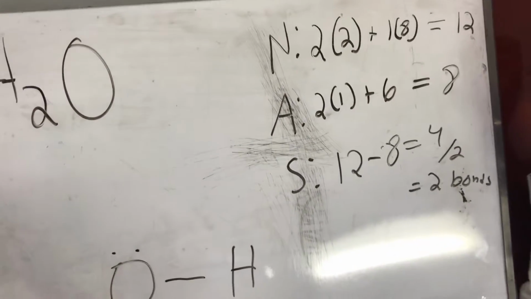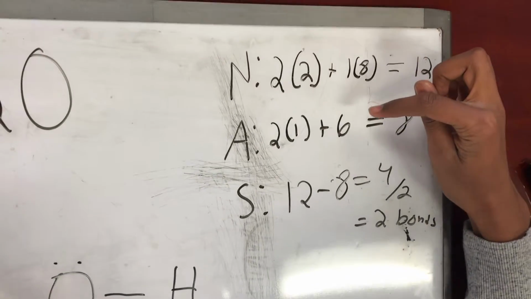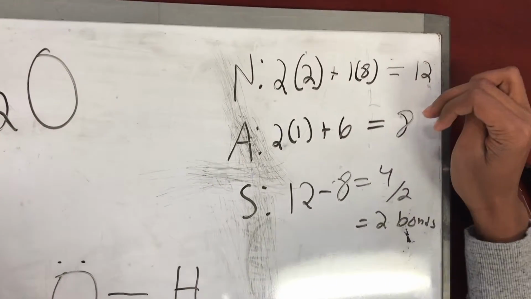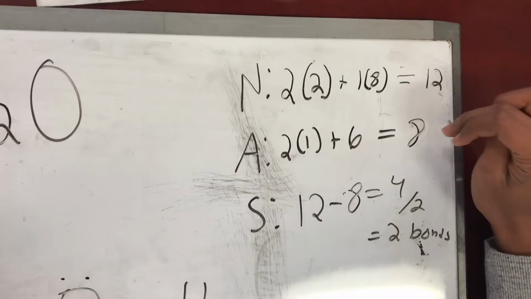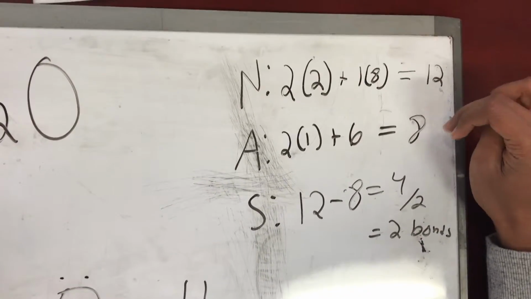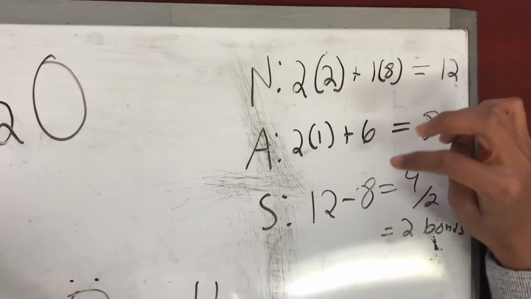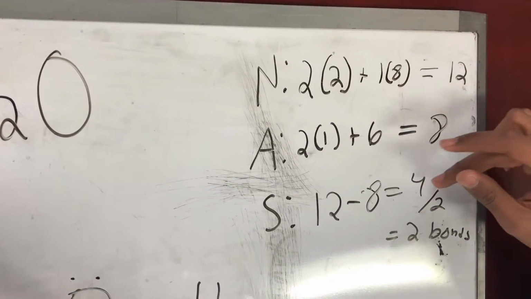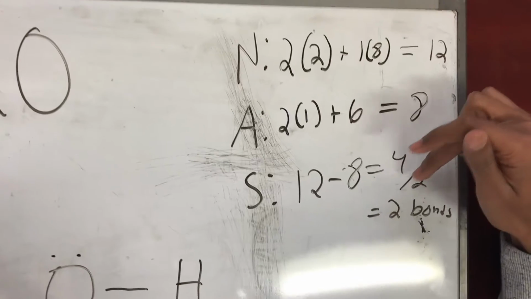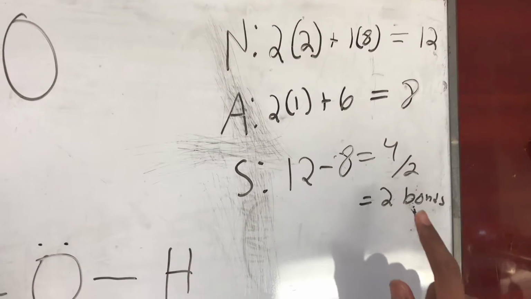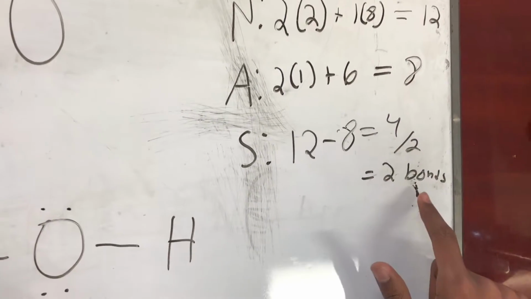And for oxygen, it has 6 valence electrons. So if you add those together, you find out that the compound has 8 valence electrons. And to find out the share, you would have to subtract 12 minus 8, and then you'll get 4. And if you divide it by 2, you'll find out that it needs 2 bonds.